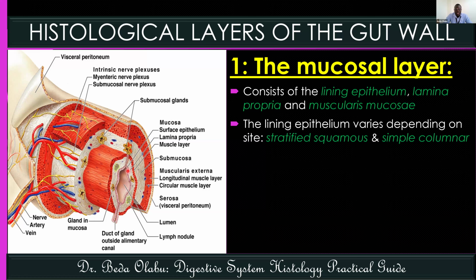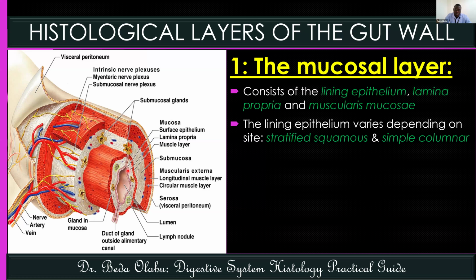Then most parts of these regions subjected to friction will be basically stratified squamous non-keratinizing epithelium, like what we talk about in the esophagus. Still some parts of the oral cavity, like the lower part of the tongue, the floor of the mouth, some parts of the cheeks will be non-keratinizing. The anus is also non-keratinizing.